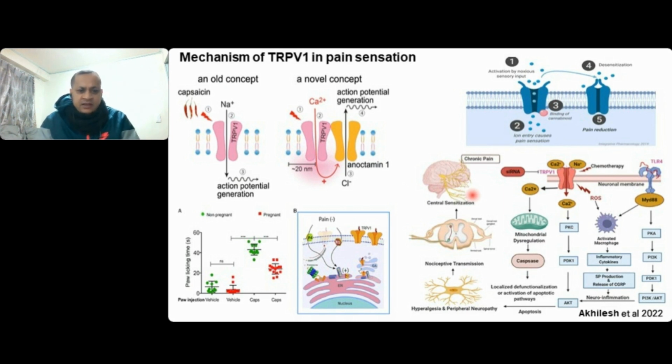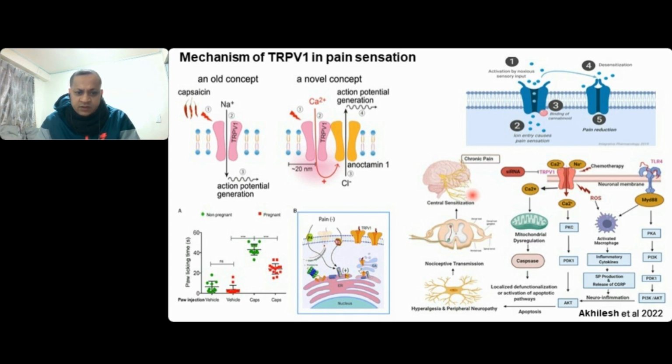So mainly TRPV1 regulates the cation ion channel, both monovalent and divalent cations. Calcium is one of the main cations it regulates.